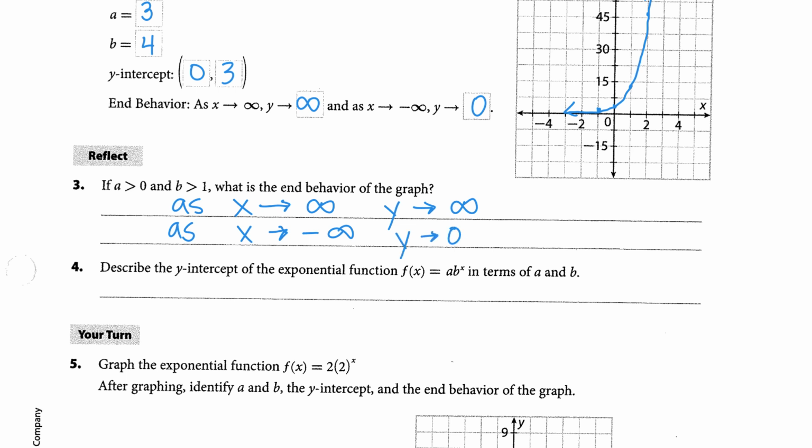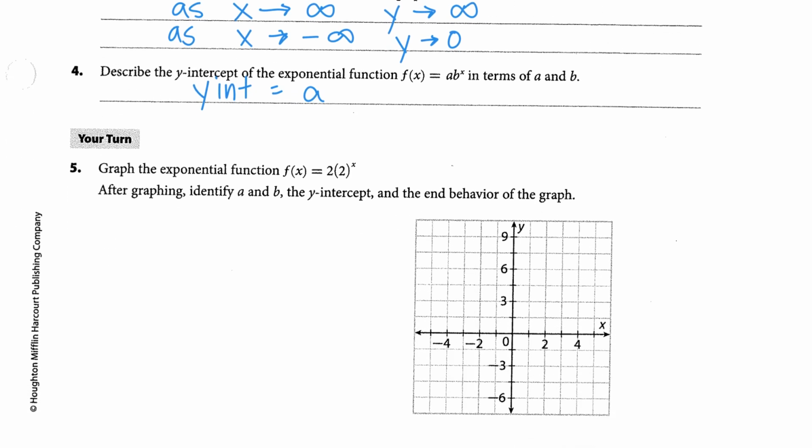Describe the y-intercept of the exponential function f of x equals a times b to the x in terms of a and b. Like we mentioned earlier, the y-intercept is equal to the a value. So in this case, a was 3, and the y-intercept was at 0, 3.